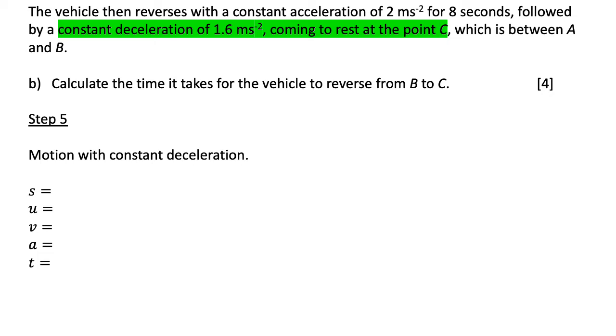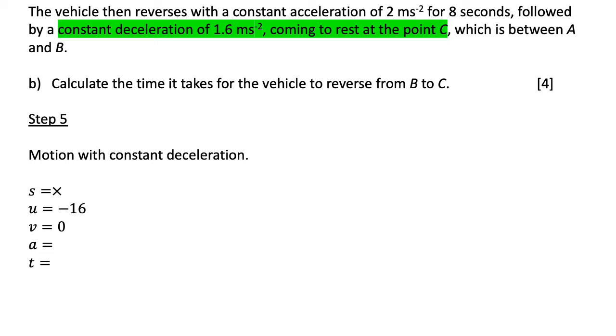Again, in this part of the question, S, the displacement, is not given and not asked for. U, the initial velocity for this part of the motion, is what we have just calculated, negative 16. V, again, magic word there, comes to rest, V is 0.